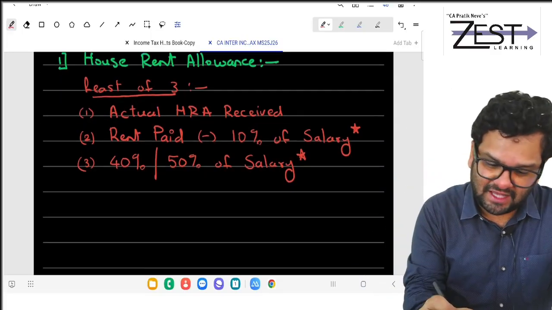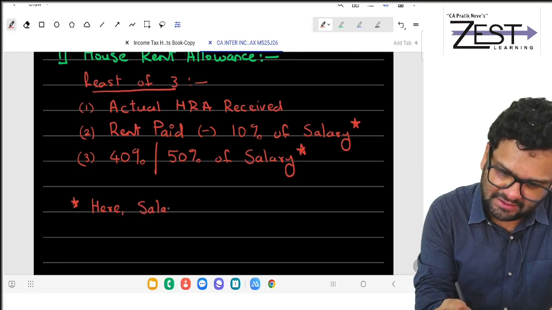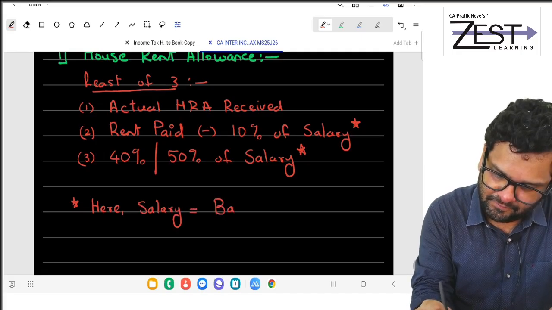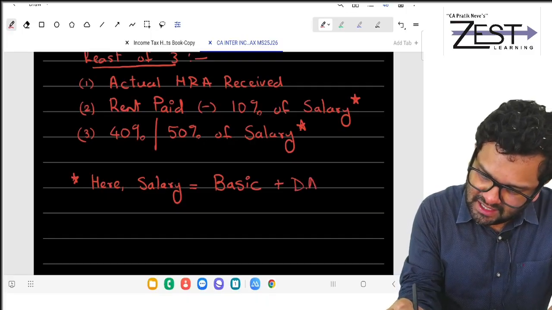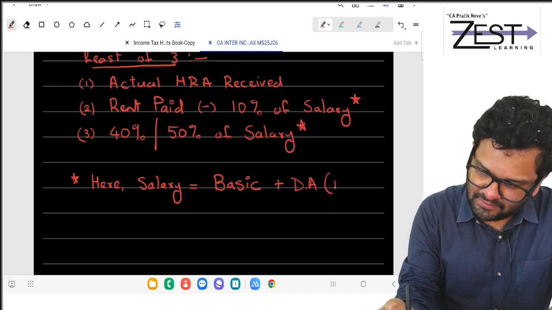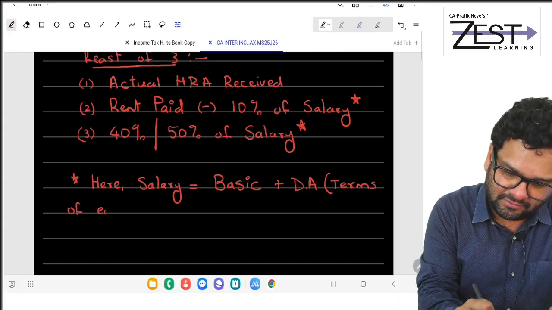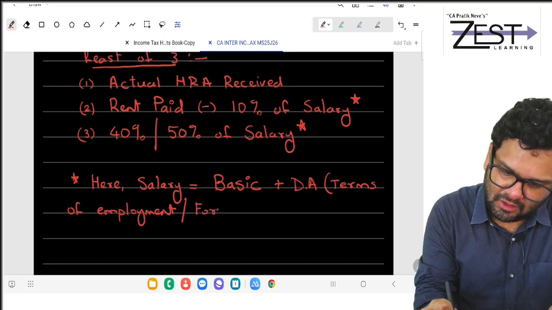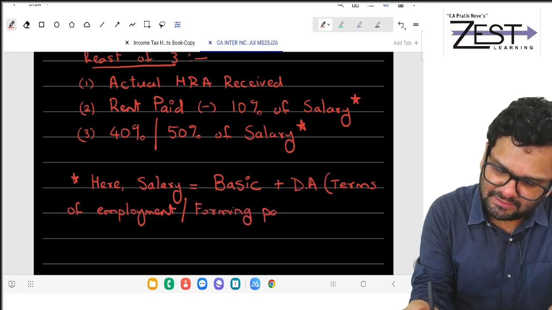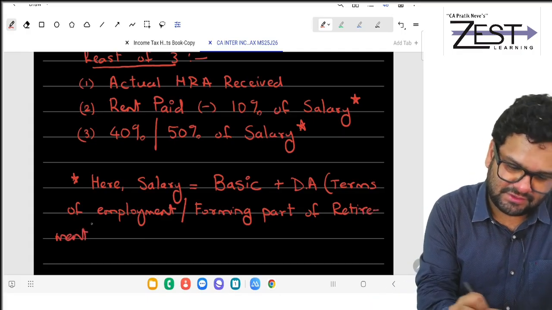Now, what is the definition of salary here? Salary is equal to basic plus dearness allowance. DA means dearness allowance which is as per terms of employment, or you also call it as forming part of retirement benefits.